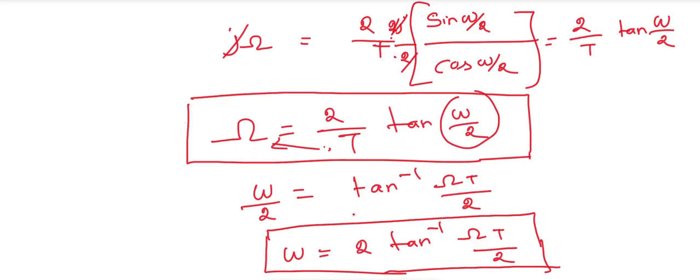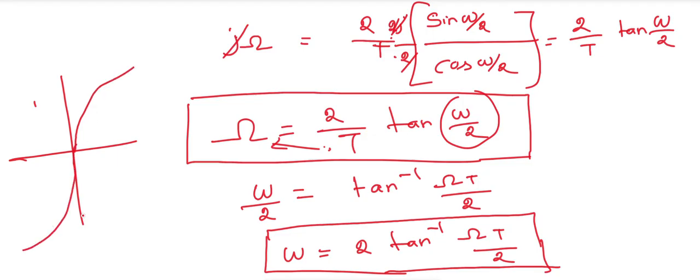Due to the tangential function, now you can map that. This is analog frequency omega T, this is pi by 2, minus pi by 2, and this is pi, minus pi.